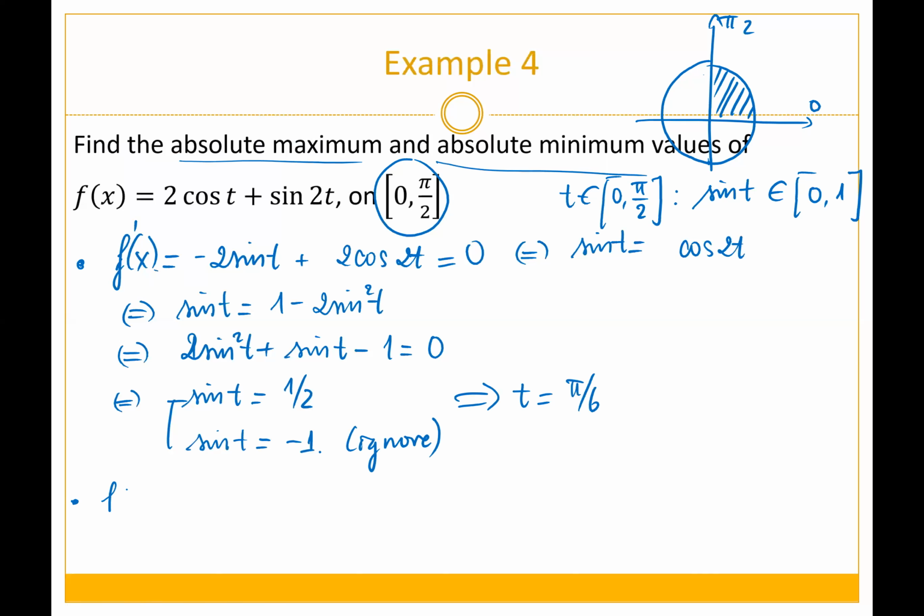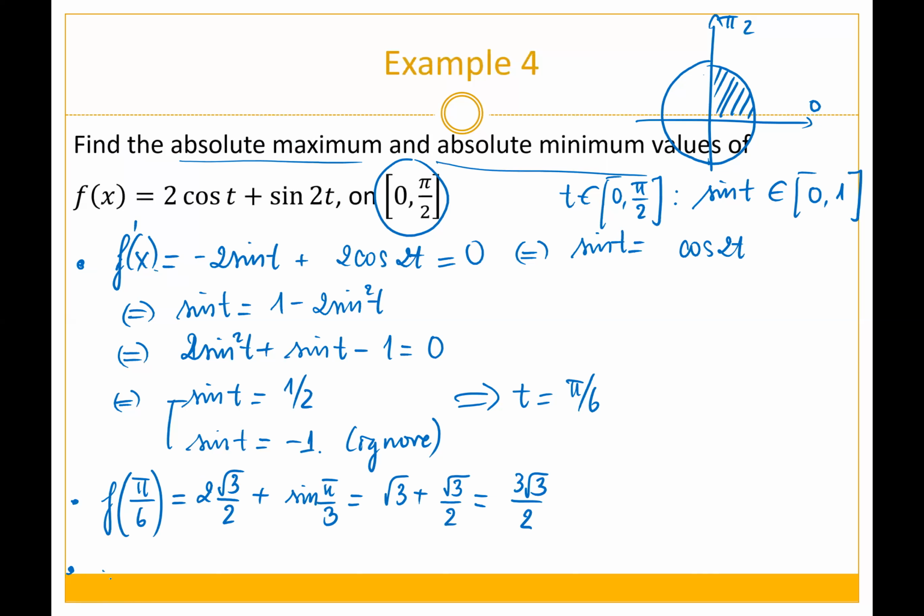Now we look at f. Find the value at the critical number. So f of pi over 6 is equal to 2 times square root of 3 over 2 plus sine of pi over 3, which is square root of 3 plus square root of 3 over 2. This is just 3 square root of 3 over 2.